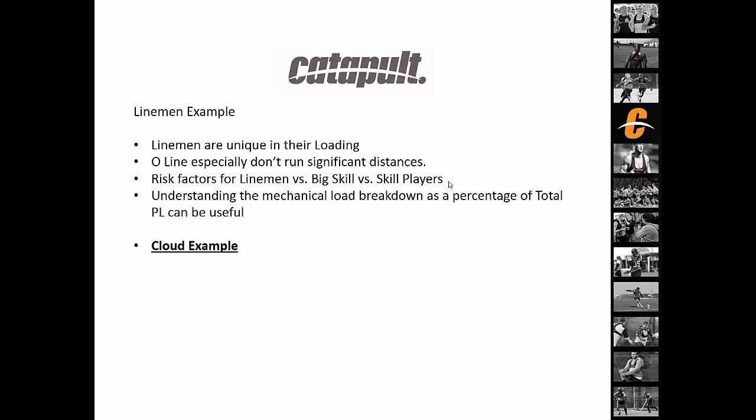So the next example I want to use is around a player-specific, position-specific. So within American football, we certainly have some metrics that we can measure for players whose major load is running, and that's your skilled players. Certainly, we can start to look at how far players go at high velocities.